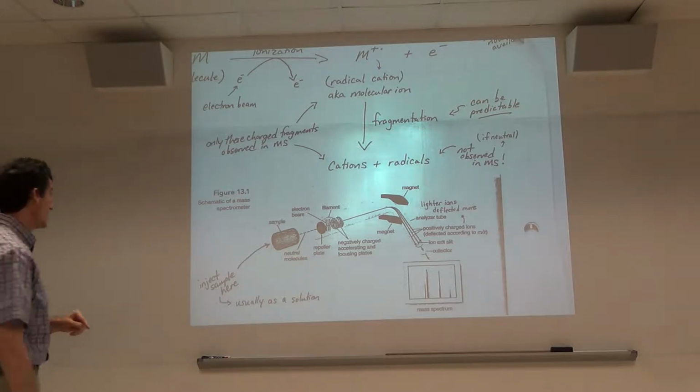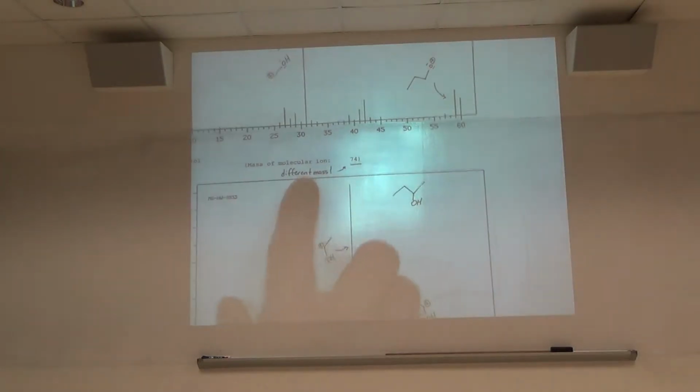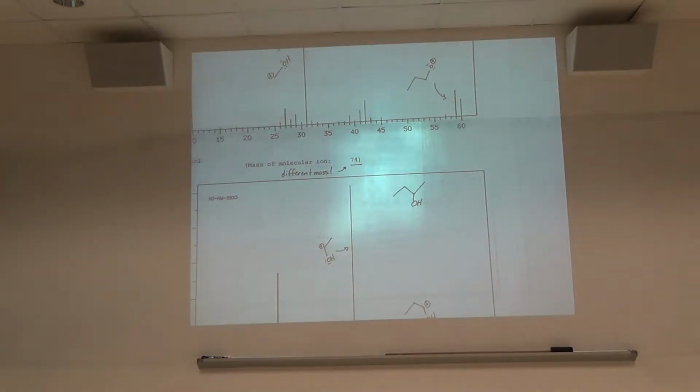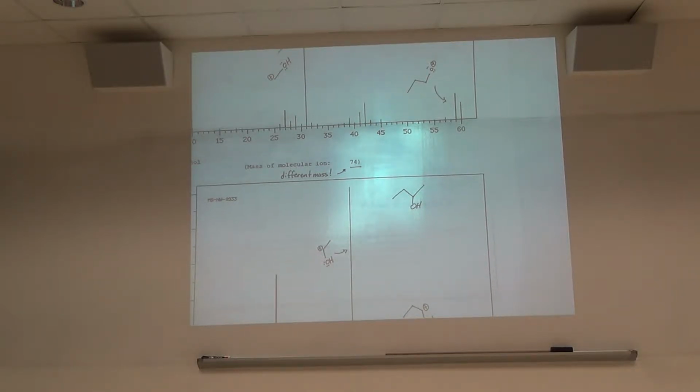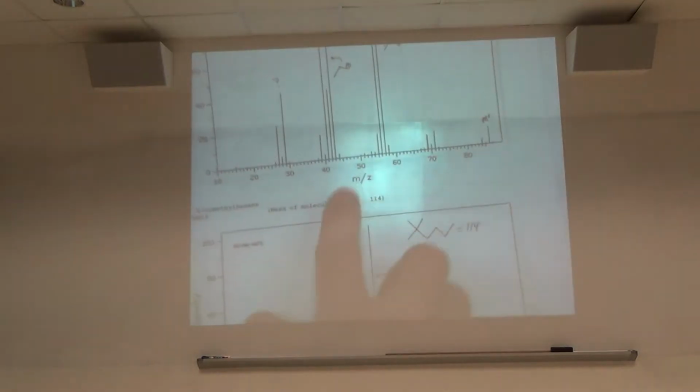What we actually plot is not mass, but we can refer back to over here. It doesn't say it on the x-axis on those, but it does on the next page.